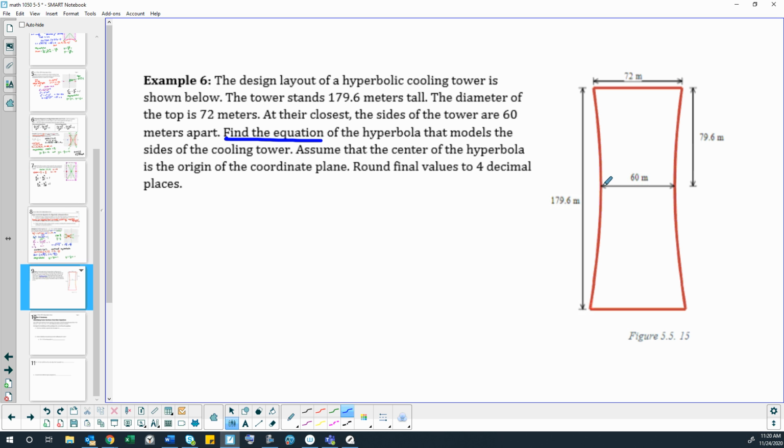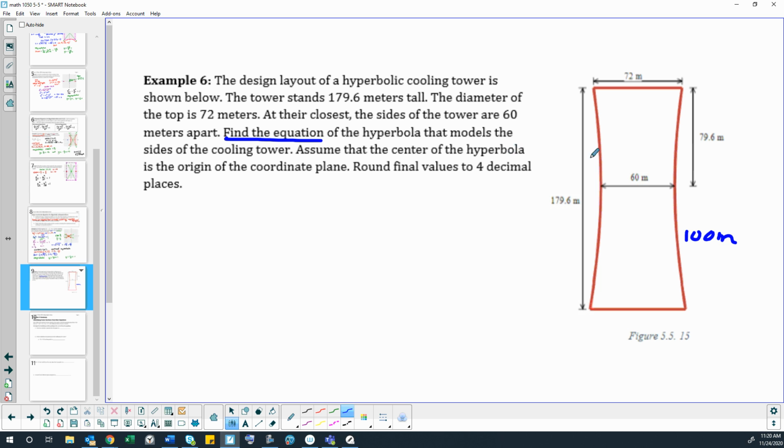At the closest, the sides are 60 meters apart. We don't know this dimension because notice how this is not in the middle. So this is not also 72. It's going to be longer than that. This piece of the tower is 79.6. So take that out of the 179.6, and that tells us that this piece here is 100.